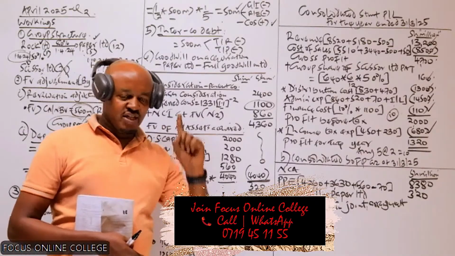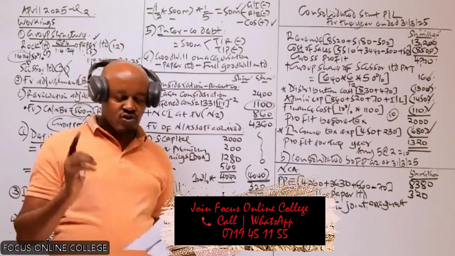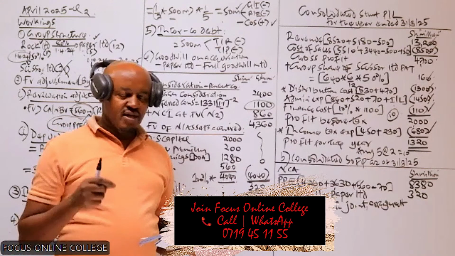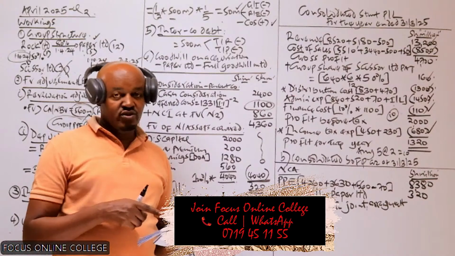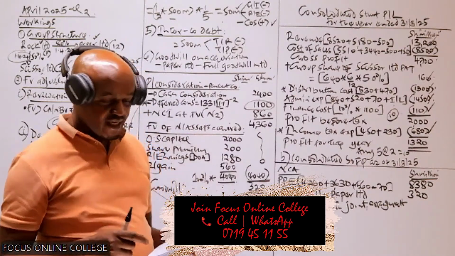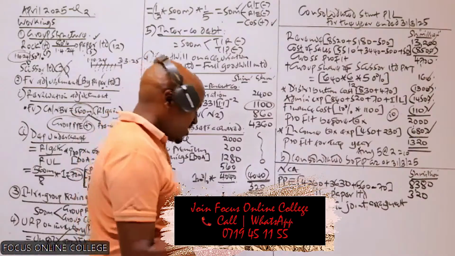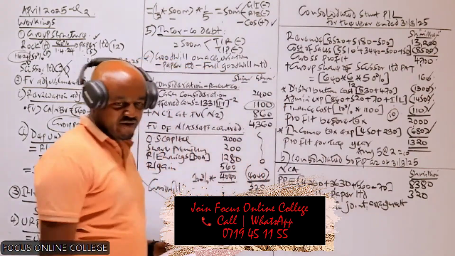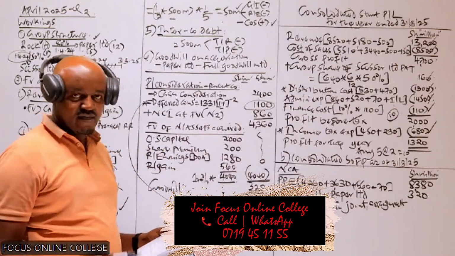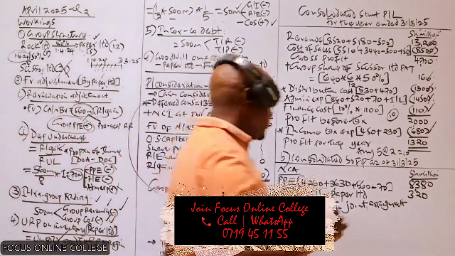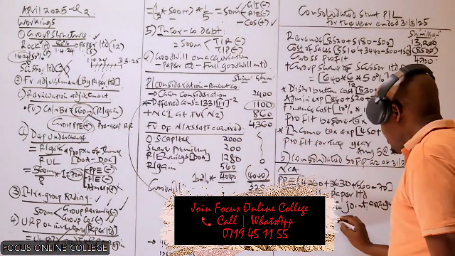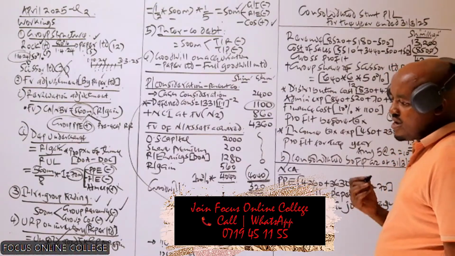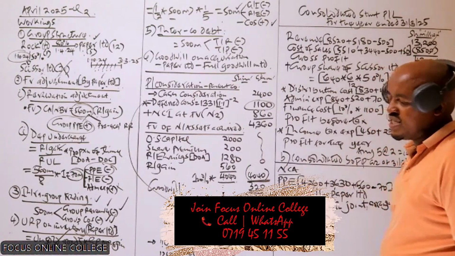I said one, you take the purchase consideration which was paid, or the cost of investment. That is what we have within the statement of financial position of the parent under the non-current asset. How much purchase consideration was paid by the parent company in acquiring the shares of the joint venture? That is 15. And then to this we add the group share of the joint venture post-acquisition retained earnings.